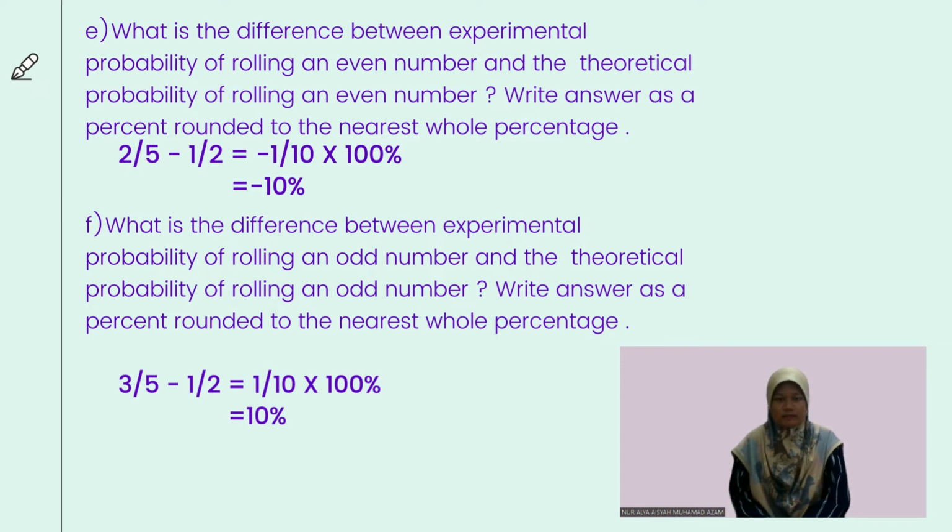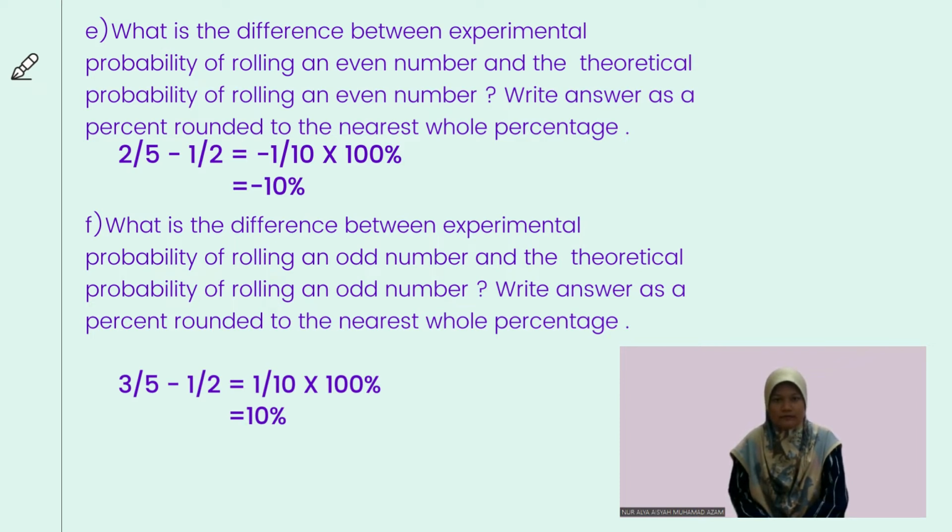This is the formula: experimental probability minus theoretical probability times 100%, which gives us 2/5 minus 1/2 equal negative 1/10 times 100% equal to negative 10%.